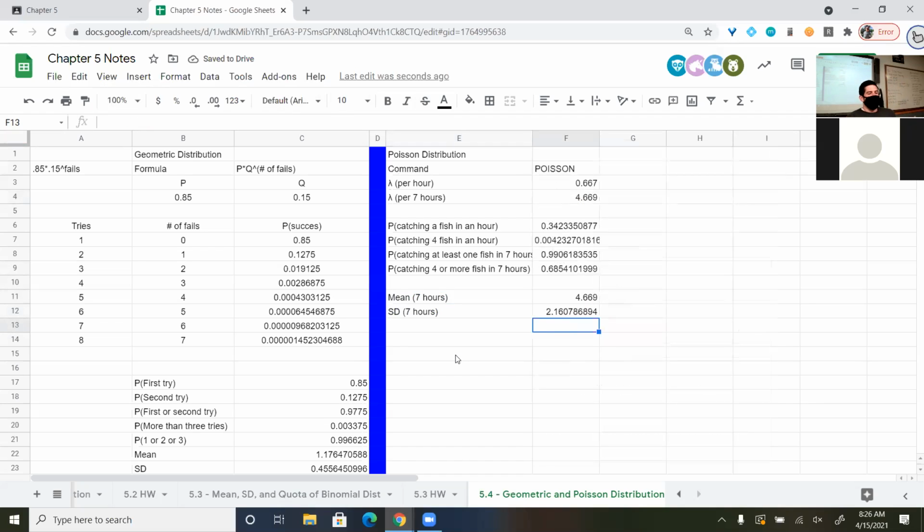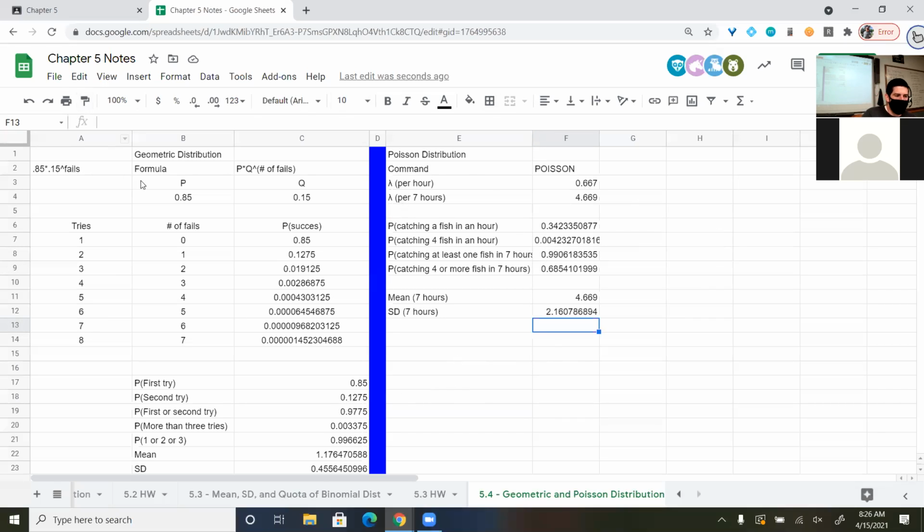So you take a group out on Pyramid Lake, and each person over 7 hours, you should expect them to catch 4.669 fish, give or take 2. So you're expecting them within 1 deviation from the mean to catch between 2 and 7 fish. That is the expectation. That is what probably will happen. Obviously, they can catch more, they can catch less, depending on the weather, all that stuff. So that is the Poisson distribution.